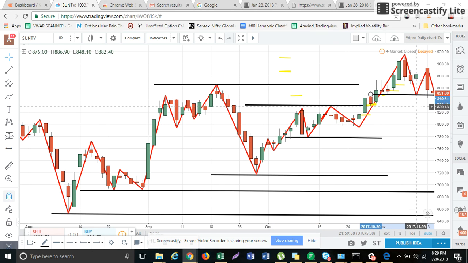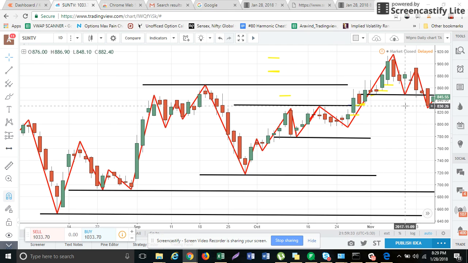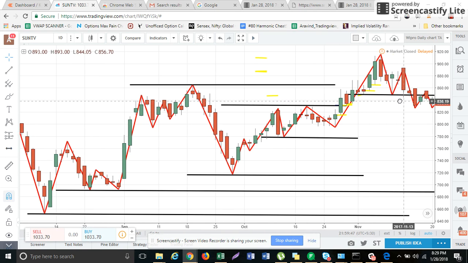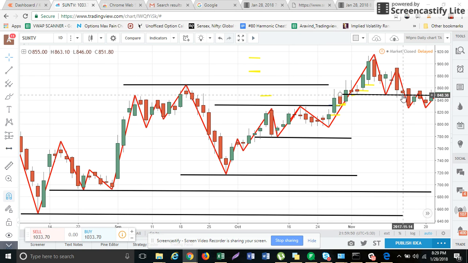You can see here, it actually broke the swing low. So we can execute our short trade as soon as this particular swing low is broken, which is 848.20. So we have entered at this particular candle.